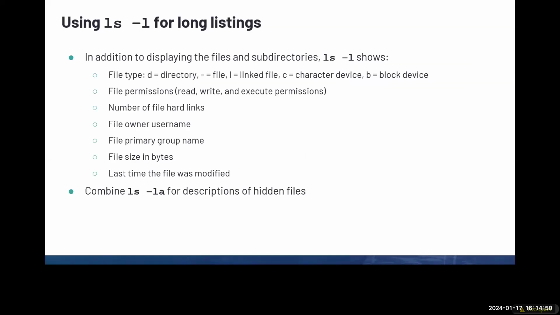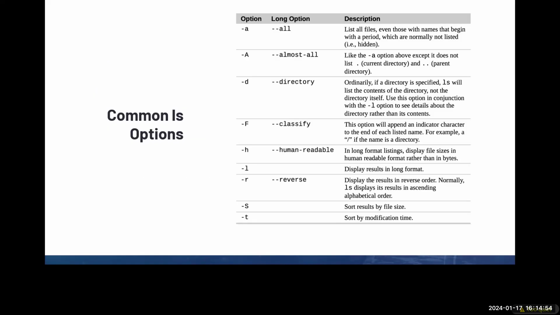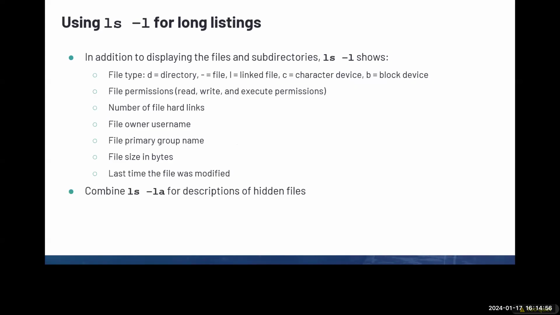As we just mentioned, for l, it will display the results in long format. So in addition to displaying the files and subdirectories, ls -l will show the file type: d to say it is a directory, dash to say it is a file, l to say it is a linked file, c to say it is a character device, b to say it is a block device.